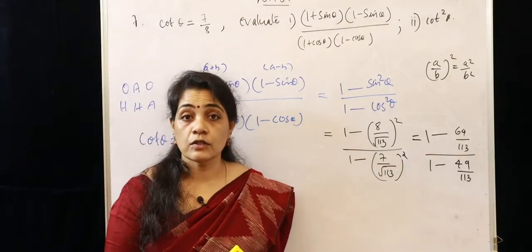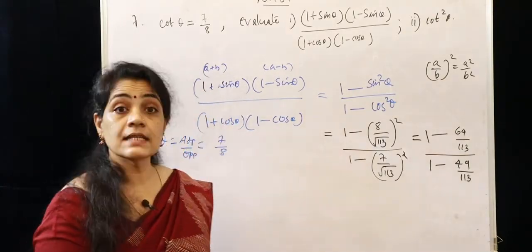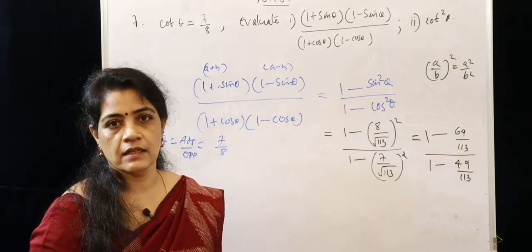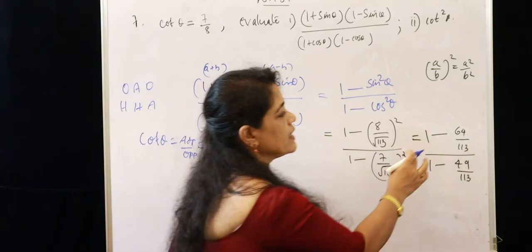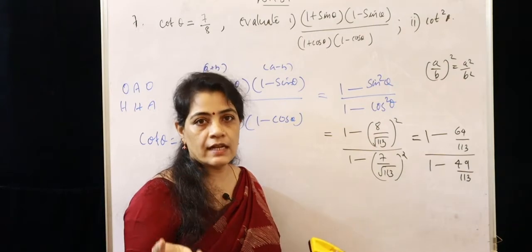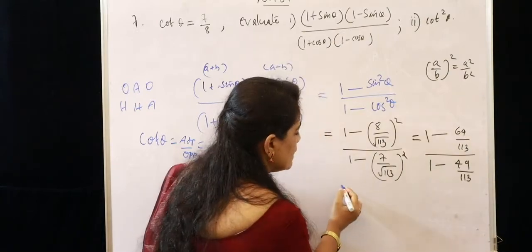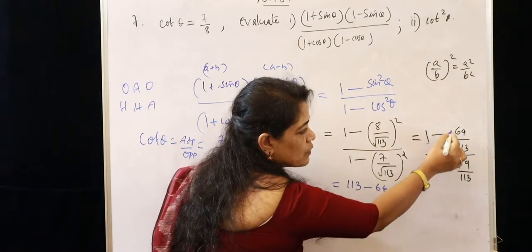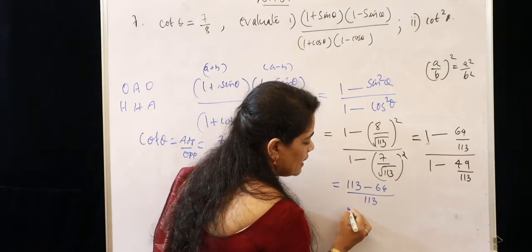Yes. Now we can solve that step in order to get the final answer. So children, 1 minus 64 divided by 113. That means the second term is a fraction, 64 divided by 113. Since they are connected by plus or minus, you take the cross multiplication or LCM method. So we can cross multiply. 1 into 113, that is 113, minus 64, here 1 into 64, divided by 1 into 113, 113.